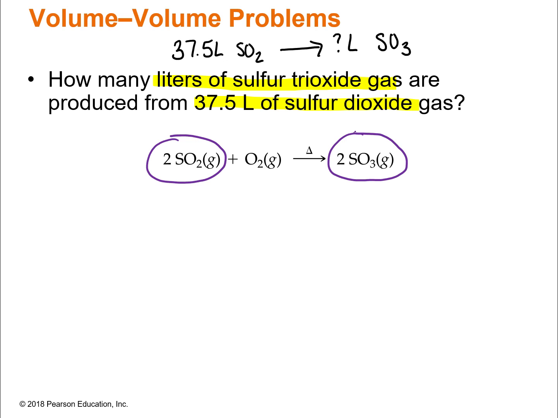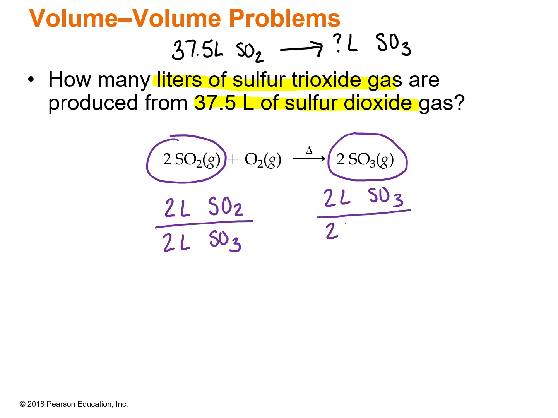These are the 2 compounds we're interested in. We represent them as liters with the coefficients out in front. So those are our 2 options for setting up this equation.